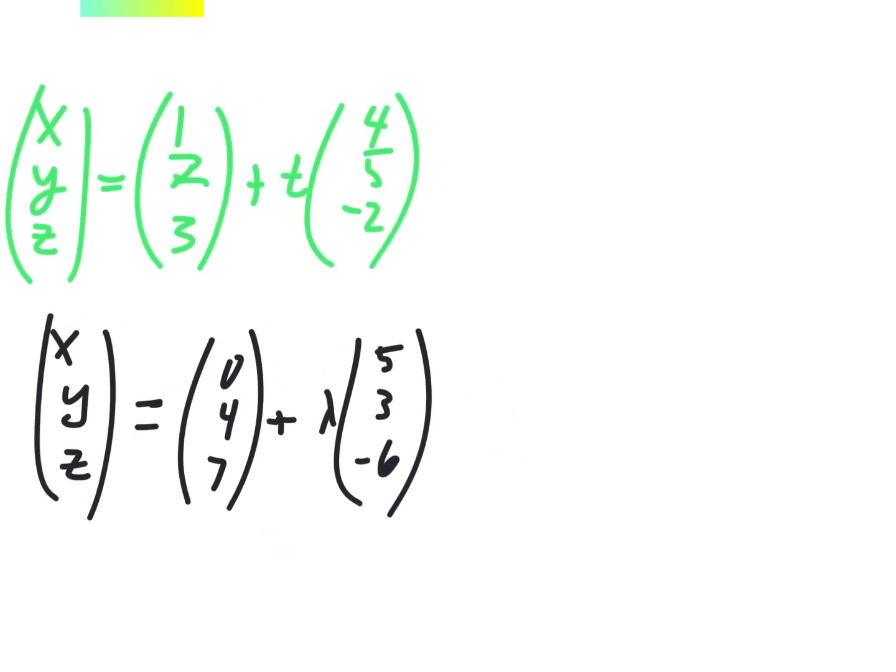I'll pause while you see if this set of vectors intersect or collide. I'm just going to get it started so you can see if you made any mistakes initially. X equals 1 plus 4t. Notice I'm making it in a parametric form. You don't really necessarily care that it's called parametric, but it is.